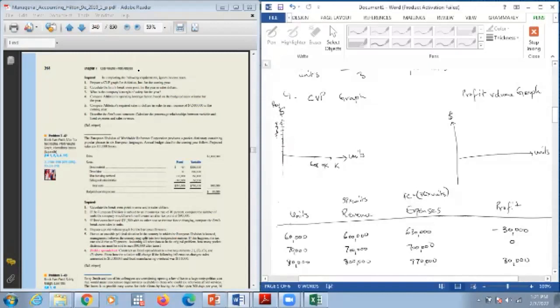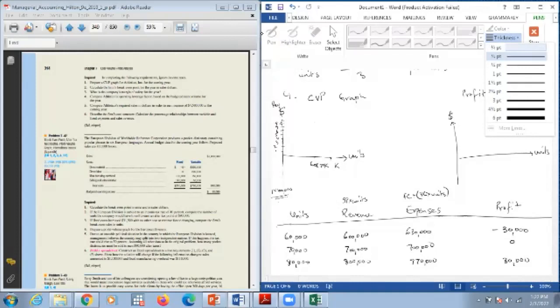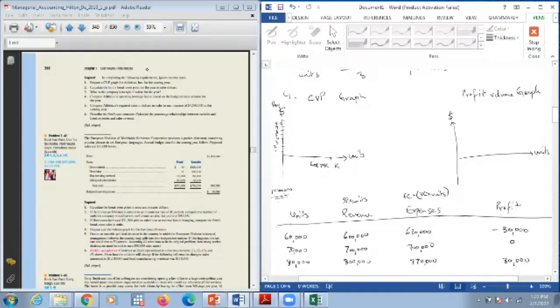So we'll make this 800,000, 700,000, 600,000, 500,000. So at 70,000 units, we see that dot over here. It's 60,000 units over here, so it's 70,000.